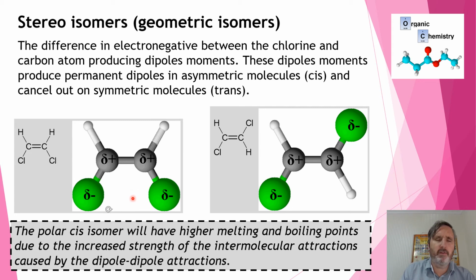These attractions with the water molecules could be strong enough to overcome or to disrupt the hydrogen bonding that's happening, and therefore it may be able to dissolve. So it depends on the specific molecule, the size of it, and how polar the molecule is. But it will definitely affect things like its ability to dissolve in polar solvents and the melting and boiling points.